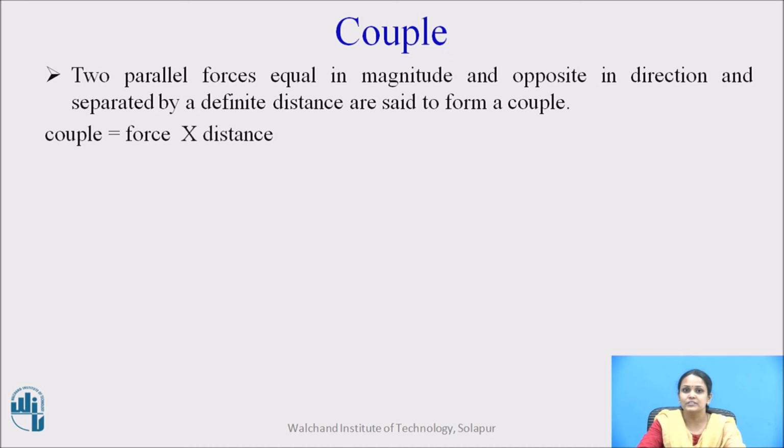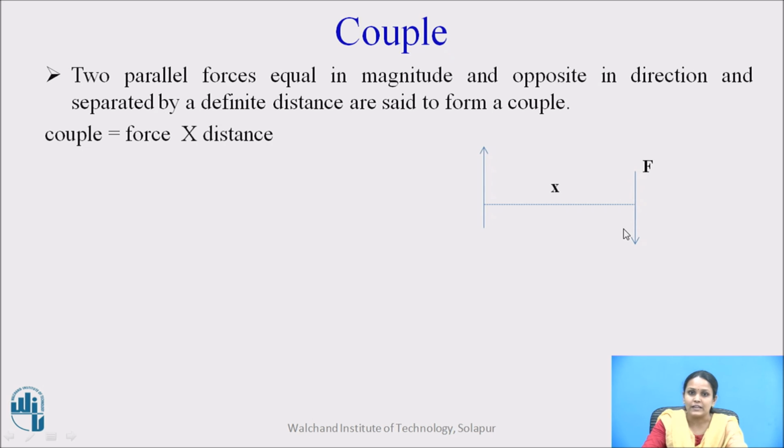Then the next one is the couple. What is meant by couple? The two forces equal in magnitude but acting in opposite direction and separated by a definite distance are said to form a couple. So couple is measured in terms of force into distance. For example, if you consider this force F, it is acting downward.